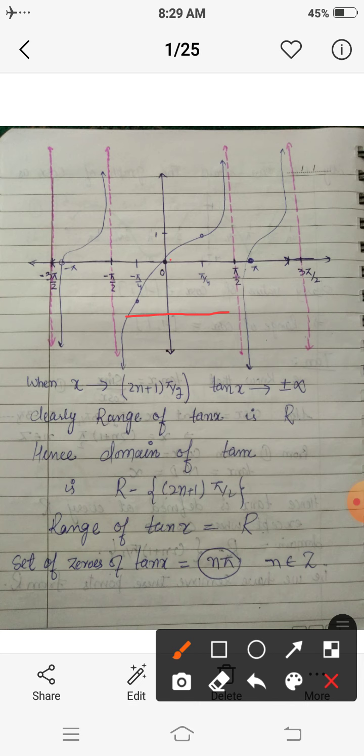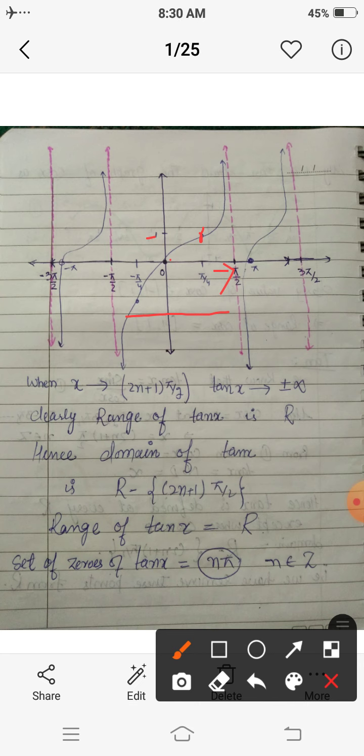At pi by 4, that is at 45 degrees, the value of tan is 1. So at pi by 4 the value is 1. Now pi by 4 is less than pi by 2, and when we approach pi by 2 from this side, the value approaches infinity, because at each and every point slightly less than pi by 2, tan is defined.